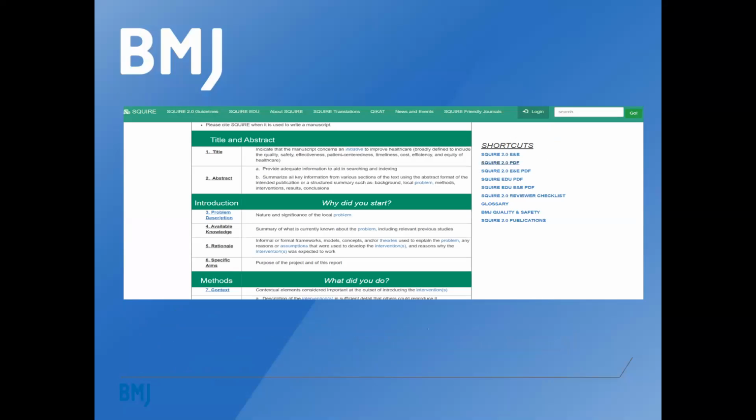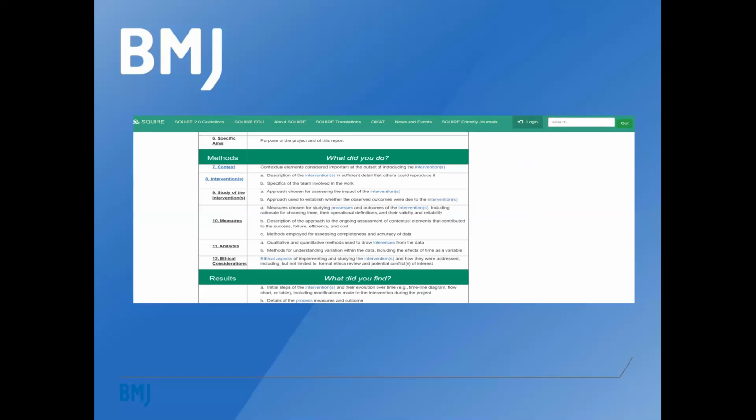The time to read this is before you even start your study, and it goes through introduction, methods, etc. There's really quite a lot of detail, and the closer you can align your report to the SQUARE guidelines, the much better chance you'll have of being published. So whether you're an author or a mentor, do look at the SQUARE guidelines.